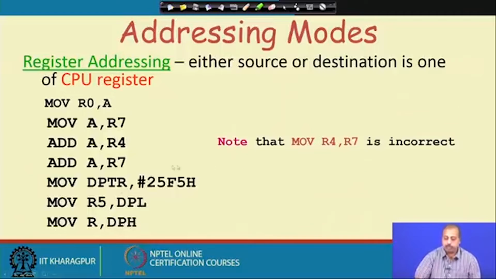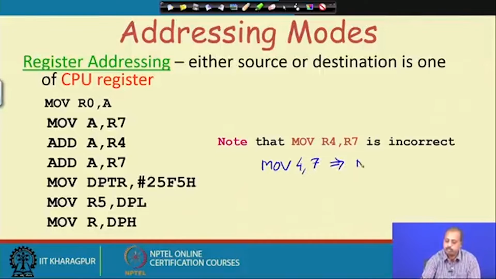As I told previously, I cannot have an instruction like MOV R4, R7. This is not allowed. If you really want to move the content of register 7 to register 4, you have to give the corresponding memory addresses. You can write MOV 4, 7. Essentially, memory location 4 will get the content of memory location 7.